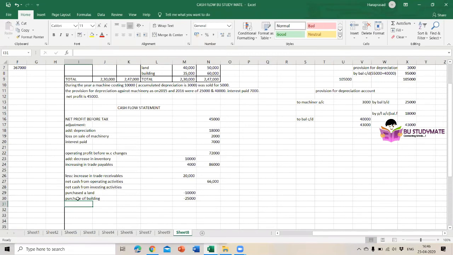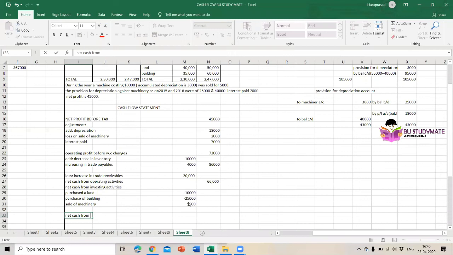Then we have made a sale of machinery. For how much we have sold? We have sold for 5,000 rupees. Okay, anything else? Nothing. So net cash from investing activities, how much?